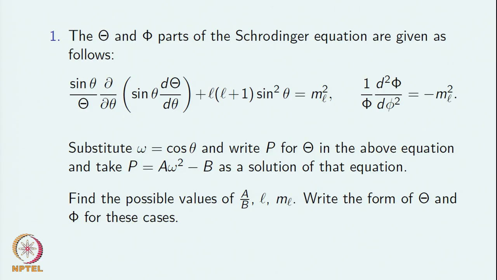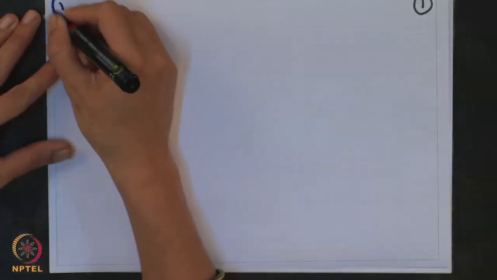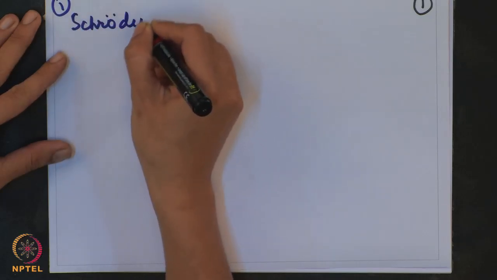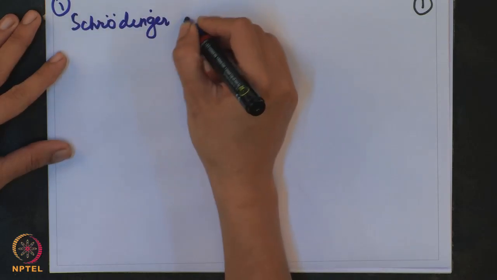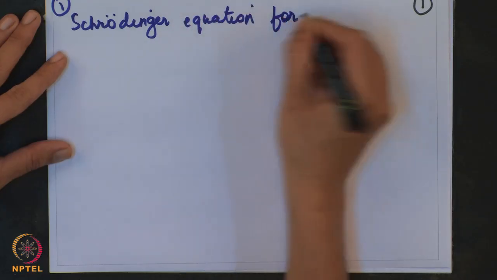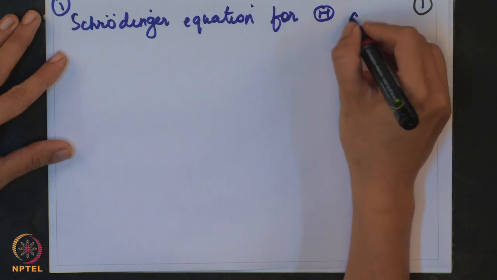You are given the Schrodinger equation, first problem, for capital Theta and Phi.